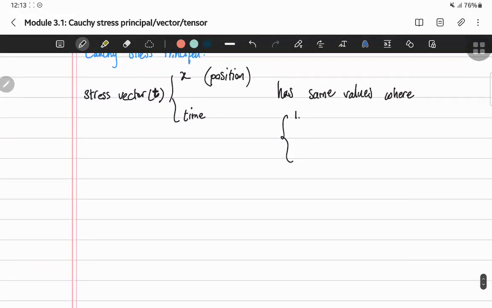It is tangent to the plane, it has a tangent plane at point P, which has the normal n vector.